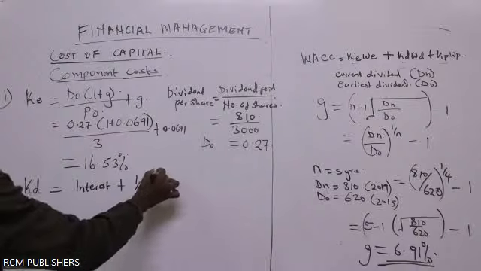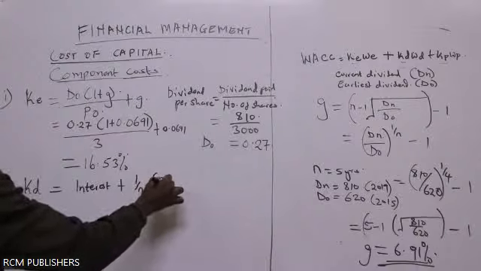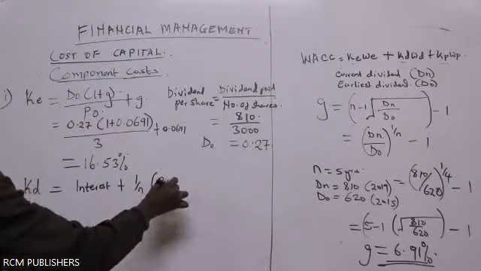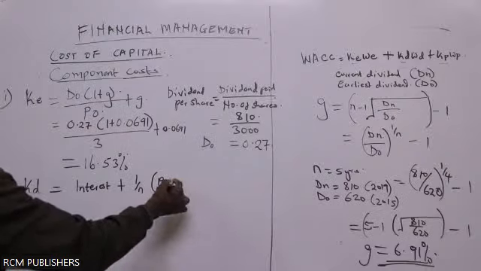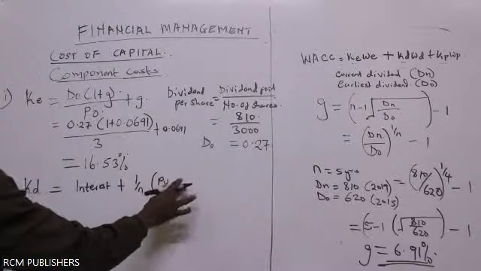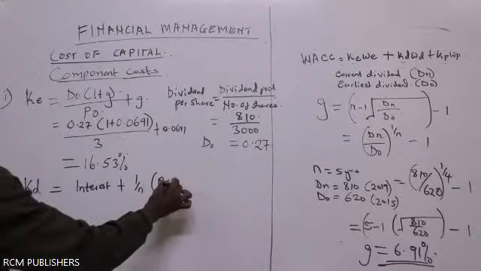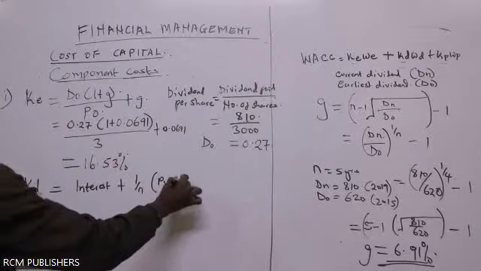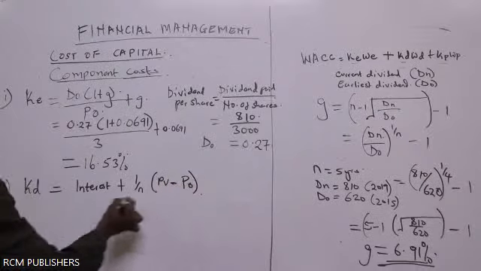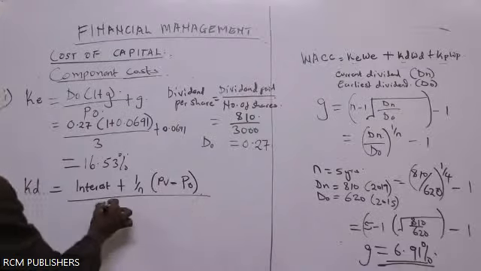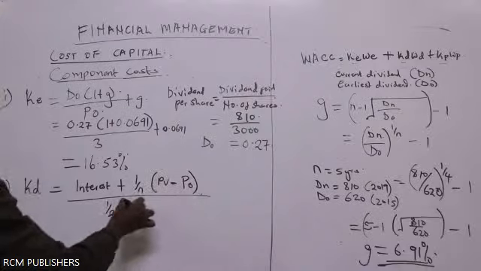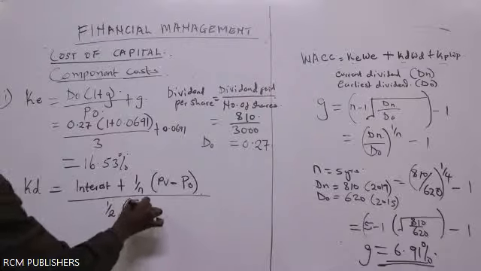Then this one you can multiply by either the market value or the par value, and then you divide by half of these two. This is the basic value.